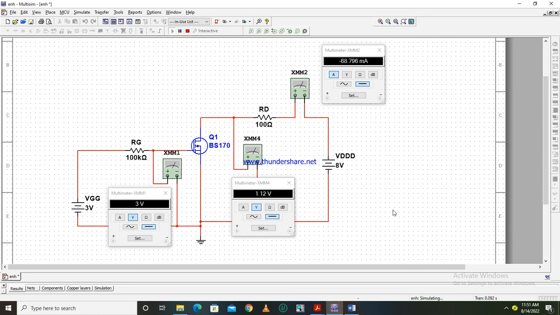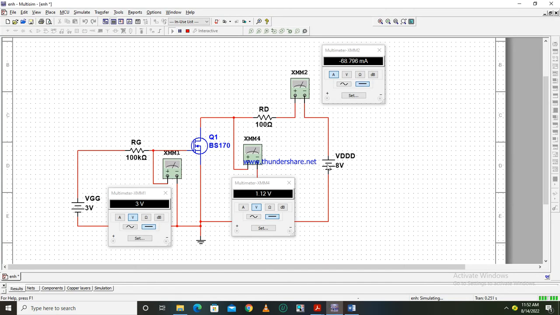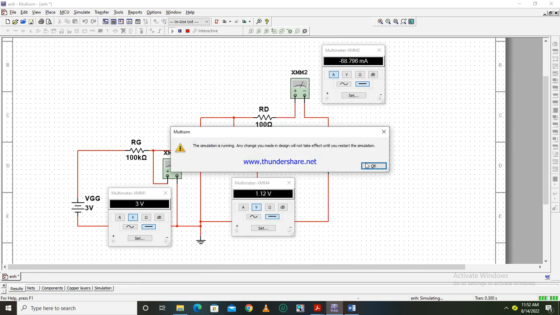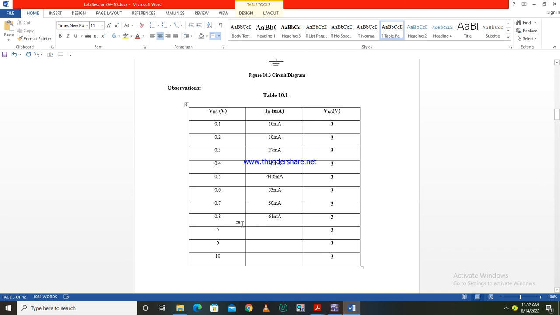From 0.8 I have gone to 0.9. At 0.9 the current is 66 milliampere.